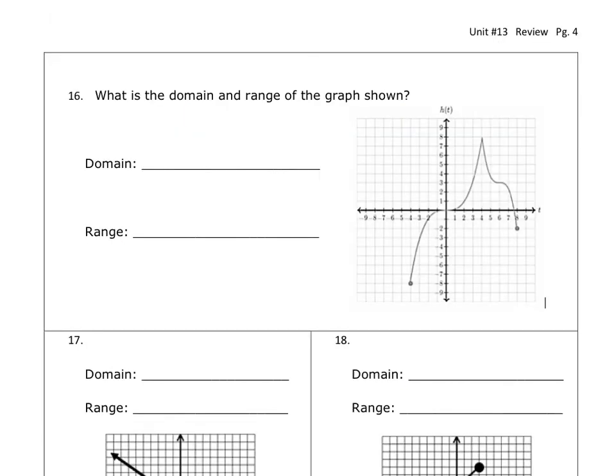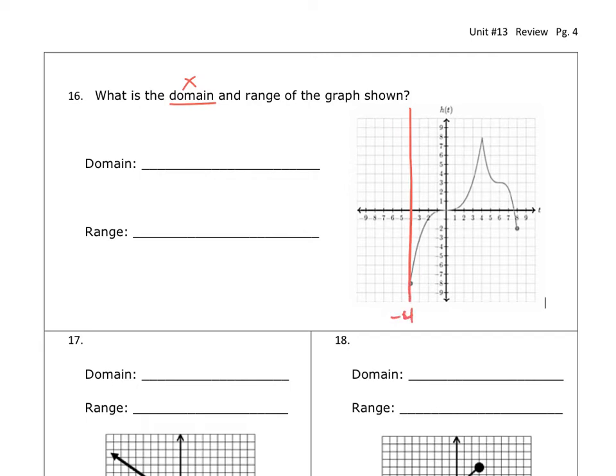Okay, 16, domain and range. Domain deals with our x values. So I'm looking at the minimum, maximum, the high and low of your domain and range. So I'm looking at the lowest possible x value, which is right here at negative 4.